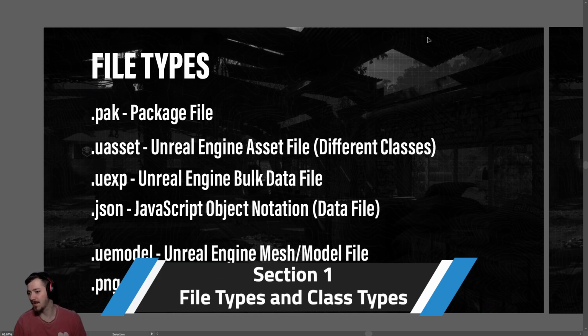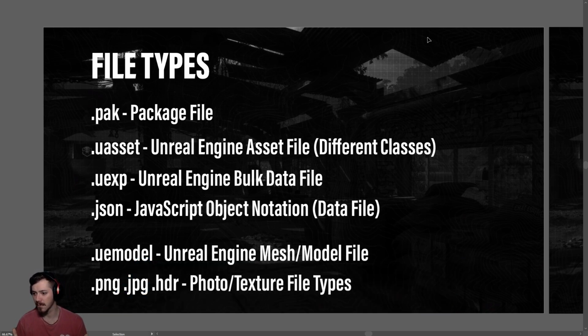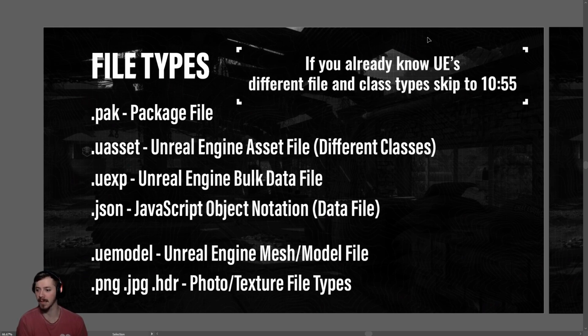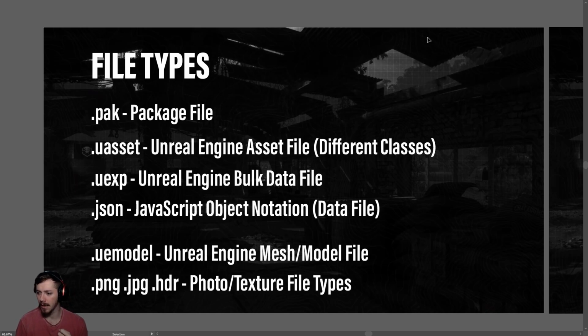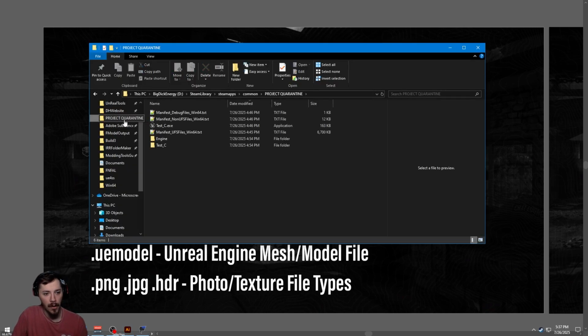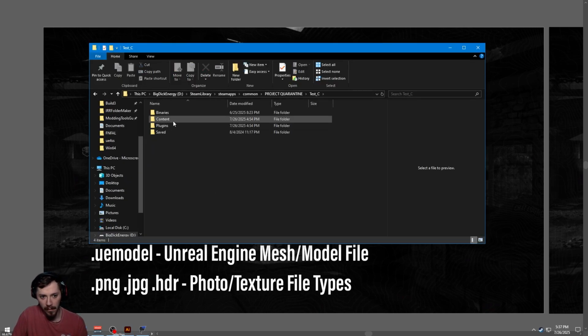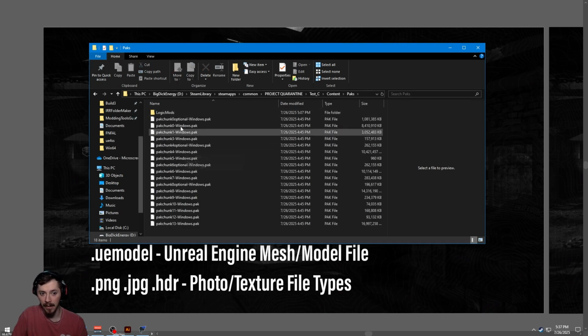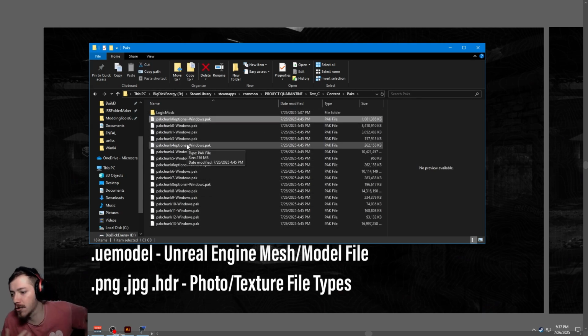Cool. So there are different files in an Unreal Engine game, Incursion Red River specifically, that you're going to interact with while modding, and I'll go over some of them. A .pack is probably one of the more important files. It's a package file. If you go to our game files, into the content packs, all of these pack chunks are the actual game files that hold all the logic, all the characters, all the models, all the information.